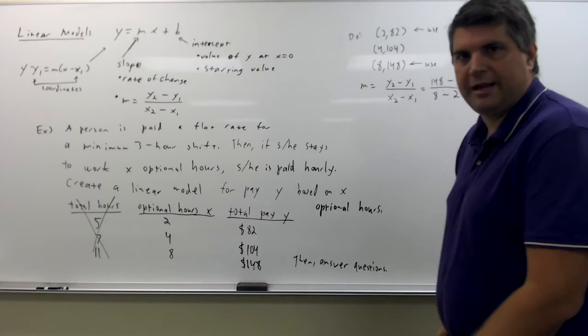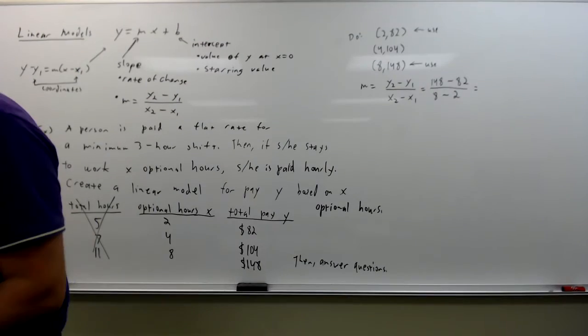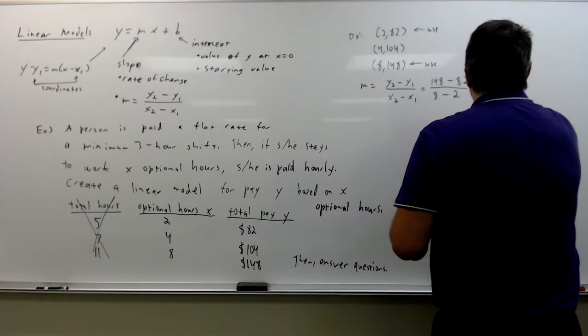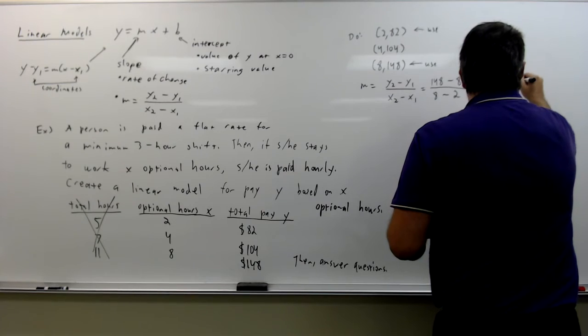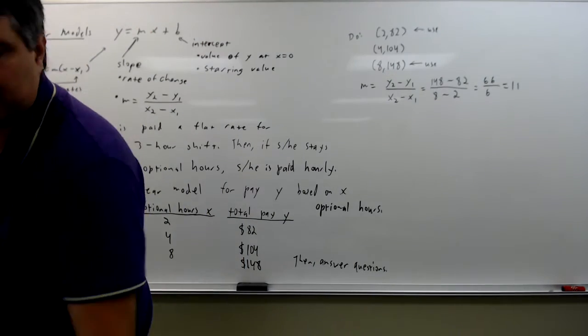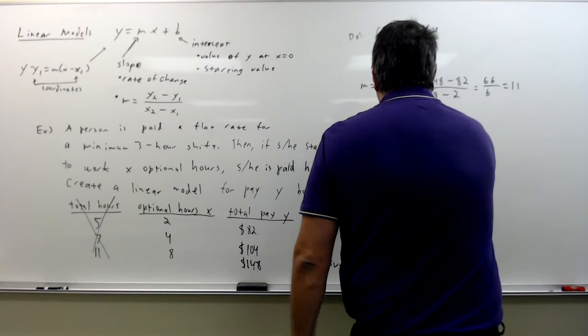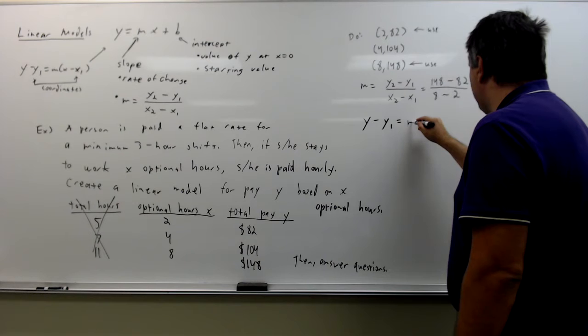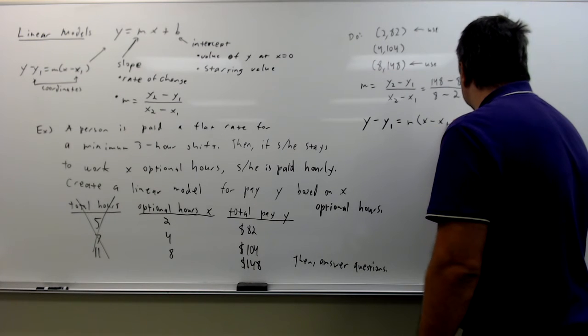So 148 minus 82 is 66. Divided by 6, that's 11. So my slope is 11. Y minus y sub 1 equals m times x minus x sub 1.